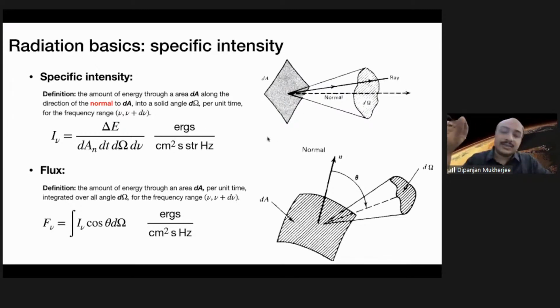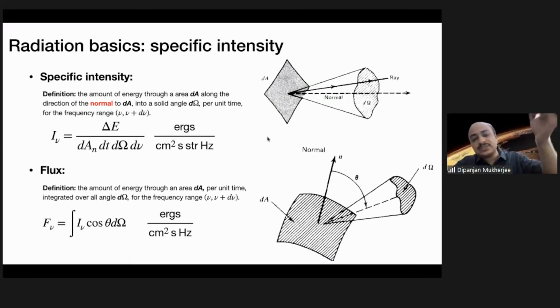So intensity essentially means the amount of energy going towards a particular direction. So there is a sense of directionality involved with the definition of specific intensity. Different directions have different rays going towards them. And with each ray, we associate a specific intensity. And the relation between the intensity and the energy emitted along that ray is given by this definition. So intensity is just the energy per unit area, per unit time, per unit solid angle, per unit frequency.